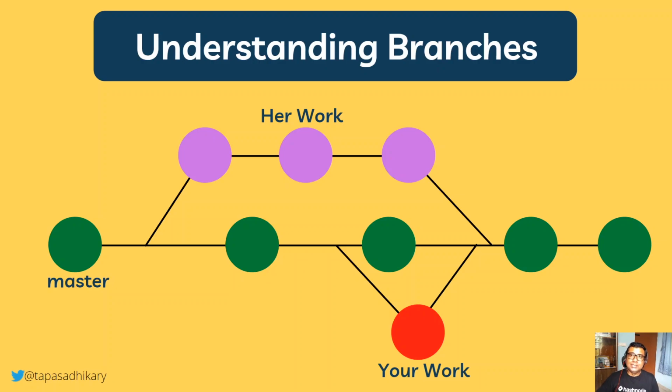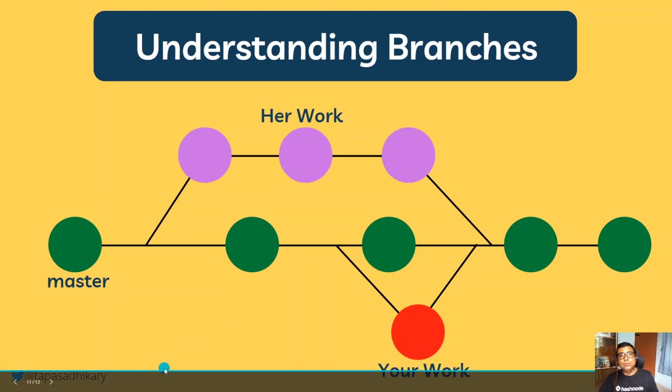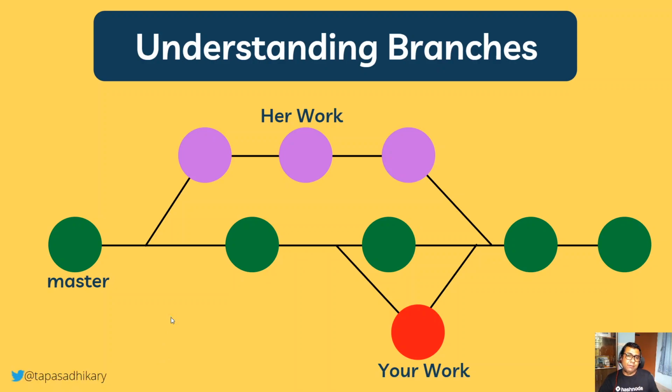Branches are nothing but a copy of the same code existing in a separate track. It is not existing on the master track anymore. So whatever operations you now perform, like staging a file, modifying a file, or pushing a file to the remote, everything is happening to this particular branch. It is never going to happen to the master.